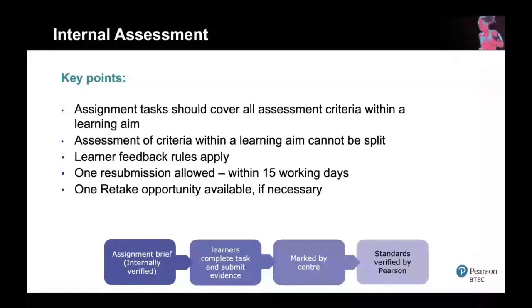Reminders for these retakes: you must set a new task or assignment that's only targeted at that pass criteria that they have not achieved in that original assignment. You cannot award a merit or distinction grade for any retake assignment. And the same procedures for submission and authentication of evidence should be visible for each learner where appropriate.